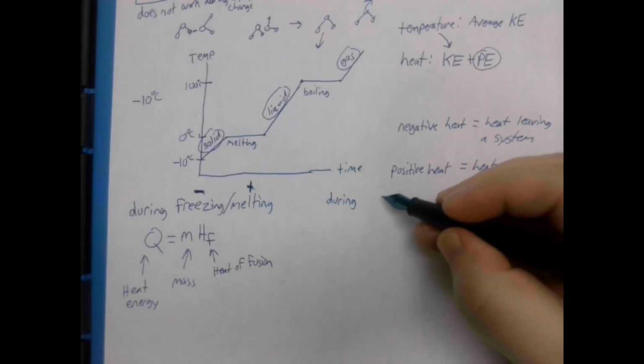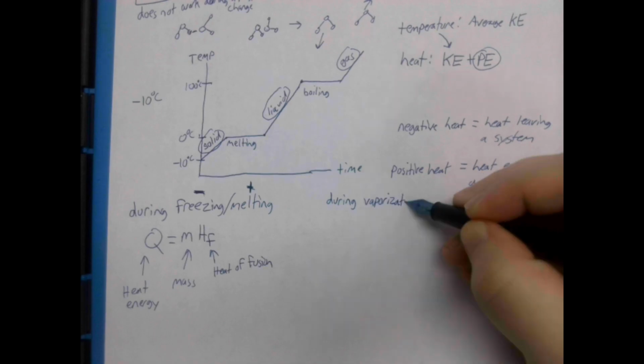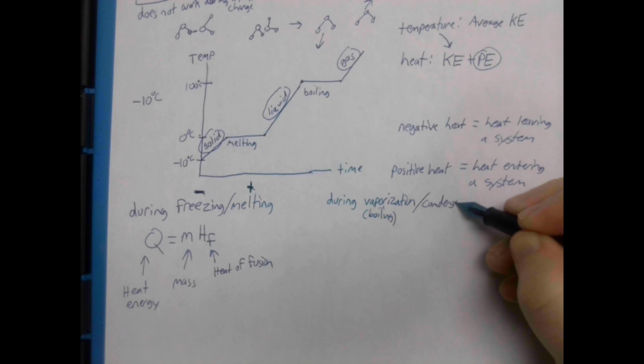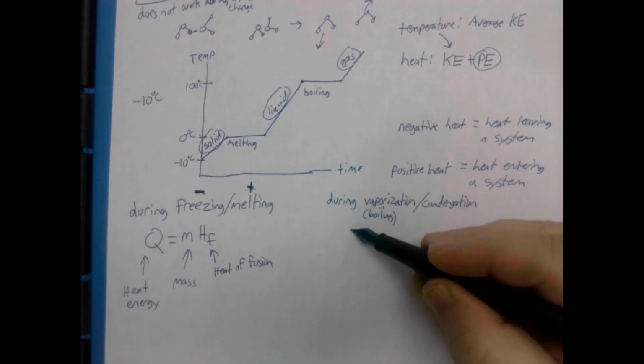During vaporization, which is a fancy word for boiling, or condensation, the opposite of boiling, the equation is heat is equal to mass times heat of vaporization.